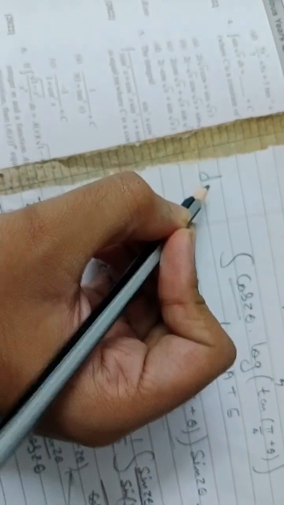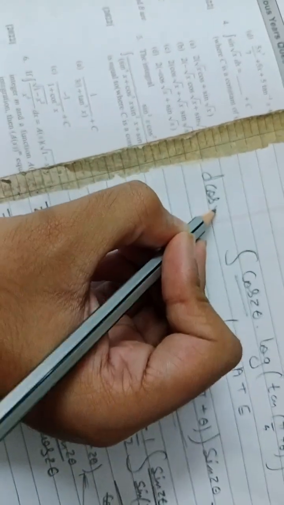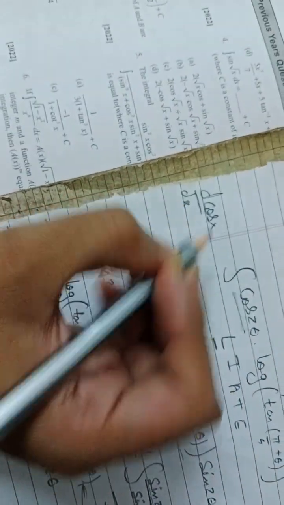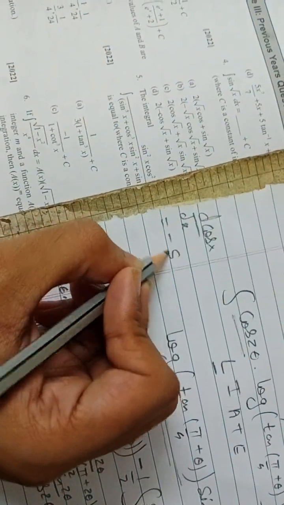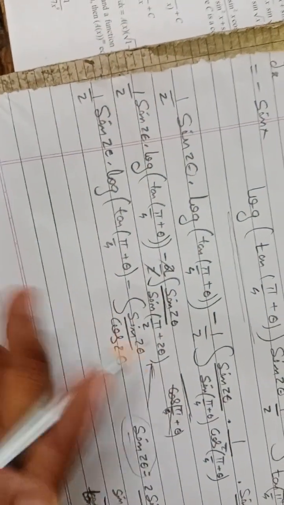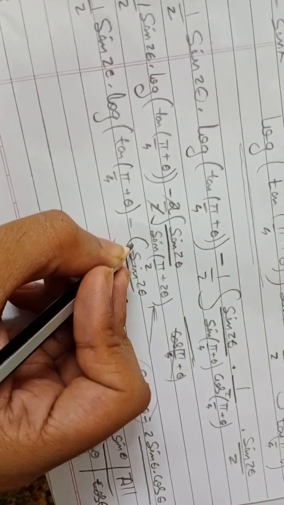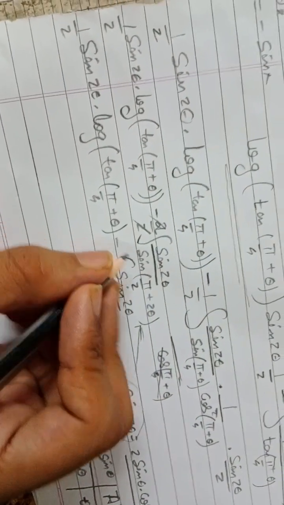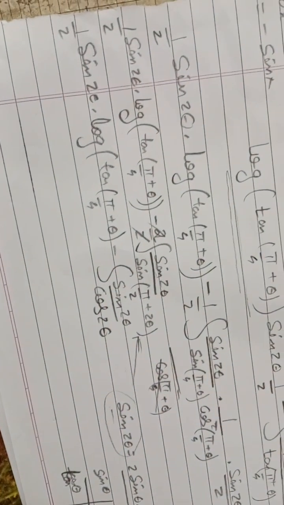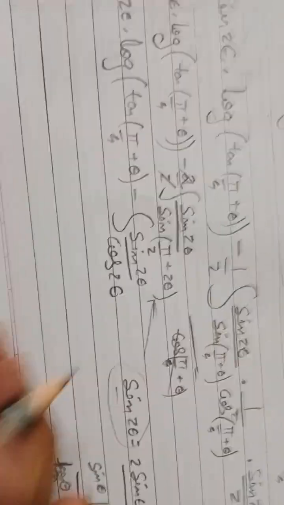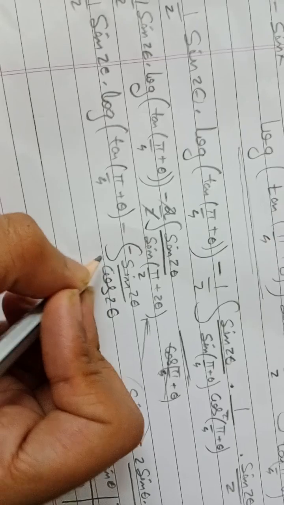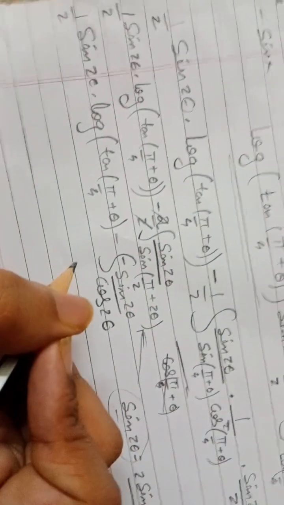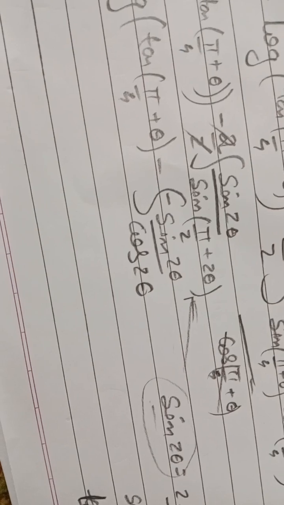The derivative of cos x dx is nothing but minus sin x. But here we don't have a minus sign, so we will need to adjust the sign here. So if we adjust the sign, it's minus sine of 2 theta, which is going to be log of the denominator.